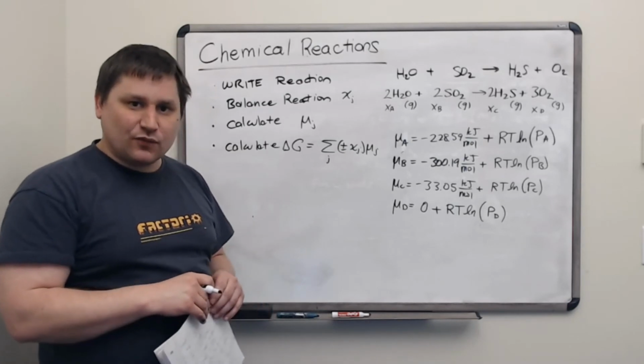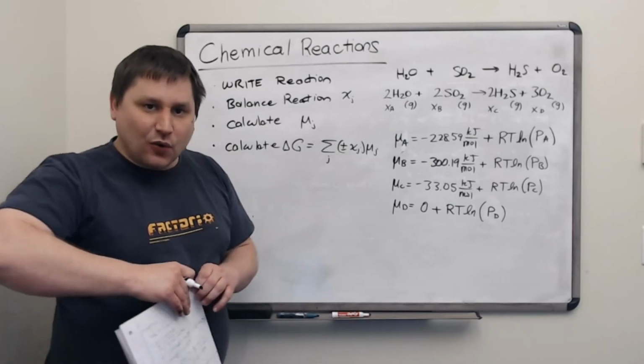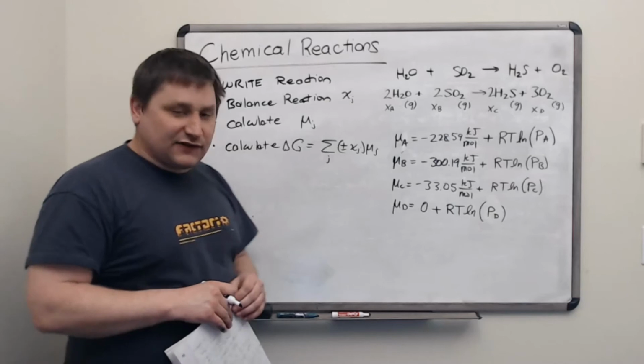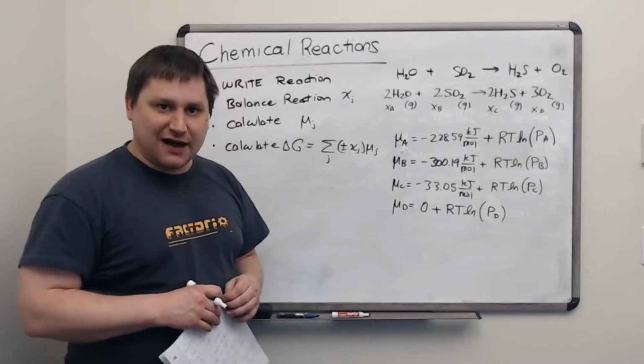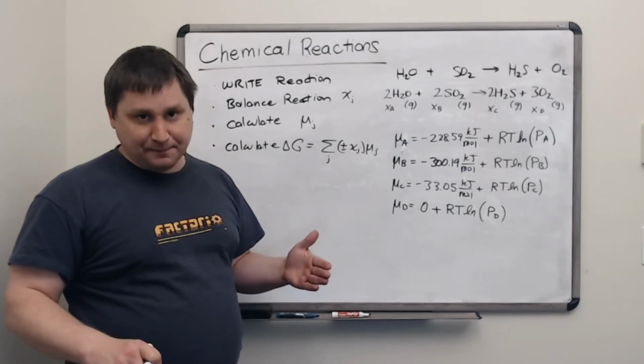And this is because when chemists started recording these values for given reactions, there's a certain arbitrary freedom that you have to set a reference level for each different atom.